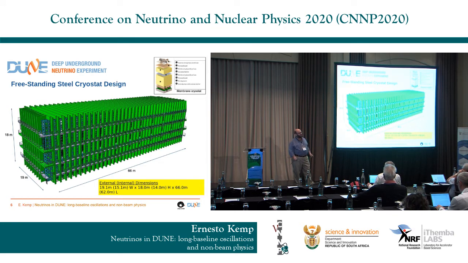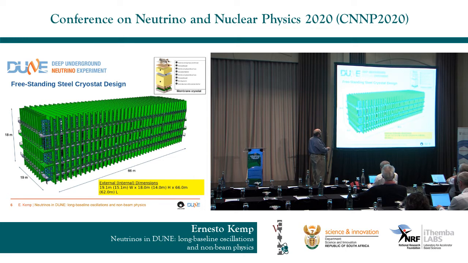Okay, so this is a picture of one of the modules, because DUNE at the end of the construction will be made by 4 of these. And this is the technology for the cryostat, chosen from a very well-known technology used in ships to transport liquefied gas all around the world, a membrane cryostat.